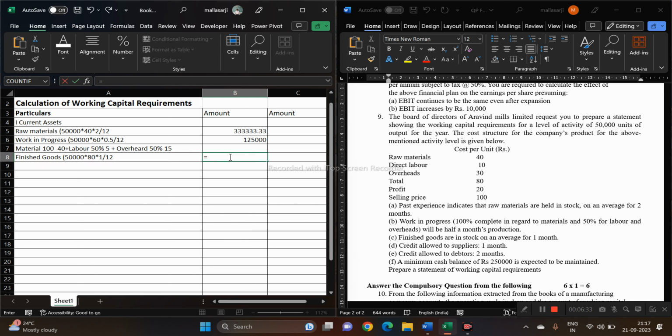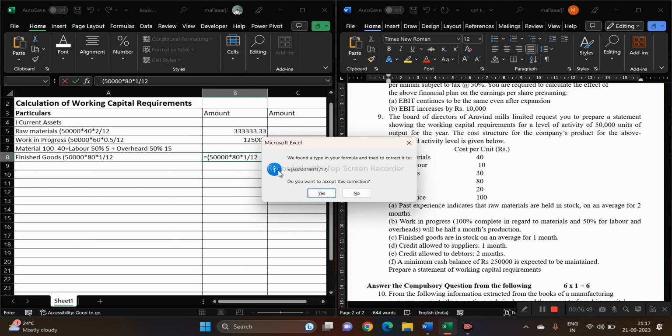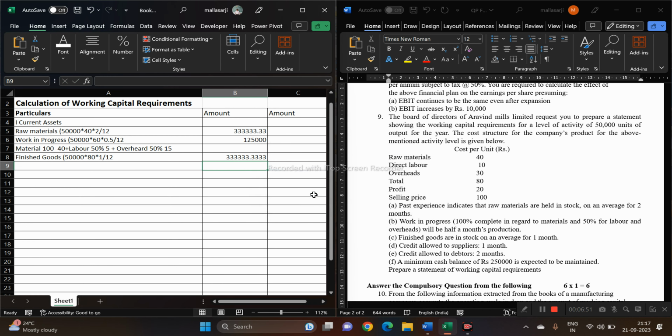So the calculation: put a bracket, 50,000 units you are manufacturing, total cost is 80 rupees, into 1 month divided by 12 months. So the answer is 3,33,000.